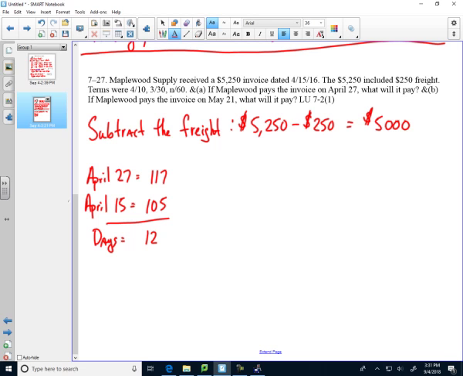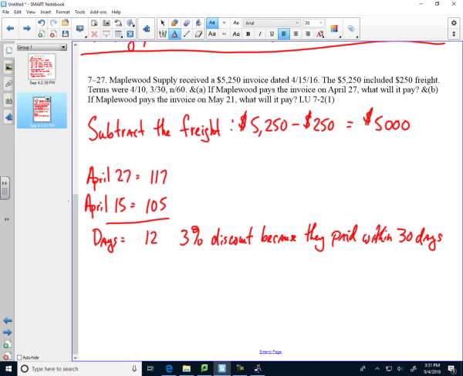So which, if any, of these cash discounts does Maplewood qualify for? Well, they missed the first one, didn't they? They missed the 10 day. So now Maplewood gets a 3% discount because they paid within 30 days.